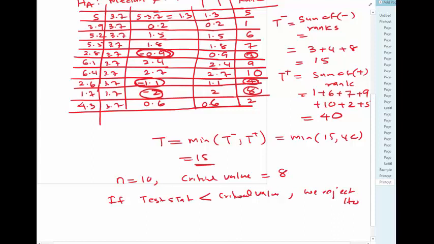This is regardless of the type of the test, whether it is two tail or one tail. If the test statistic is less than the critical value given by this table, we reject H0. So your test statistic is 15 and it's not less than 8. So we fail to reject H0. Okay, so we cannot reject H0. Now in the next video we will use a normal approximation, and we will see how to use the normal distribution to get the same conclusion.